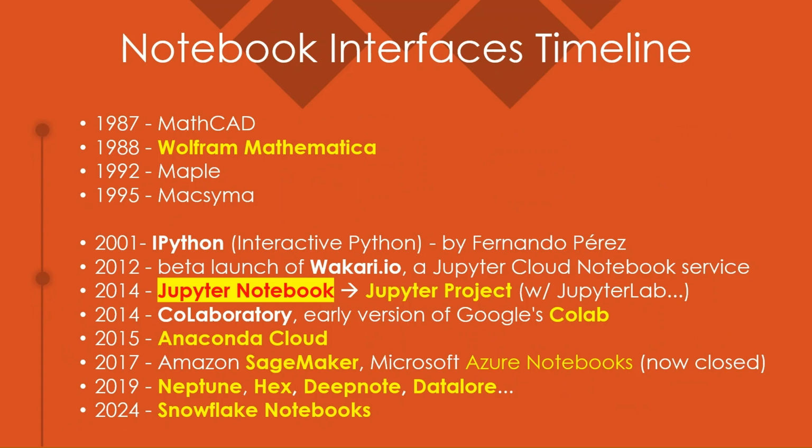It's just the evolution. By 2001, Fernando Perez came up with a version of Python called Interactive Python, or IPython. And the Jupyter Notebook was provided rather like an addition to IPython. IPython was the main product, you see.